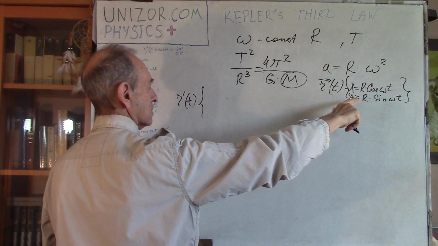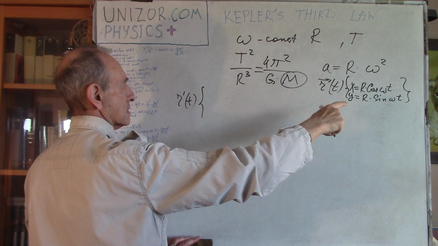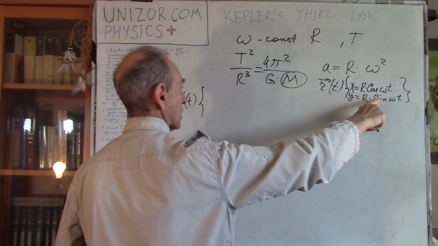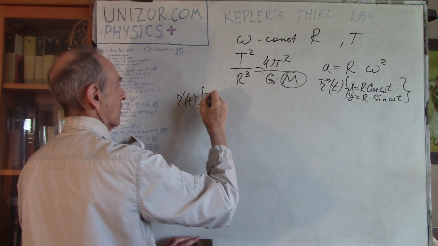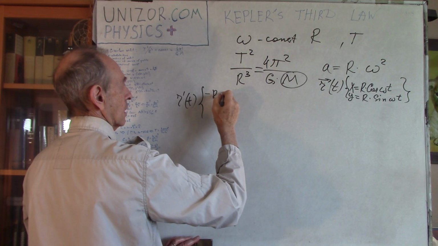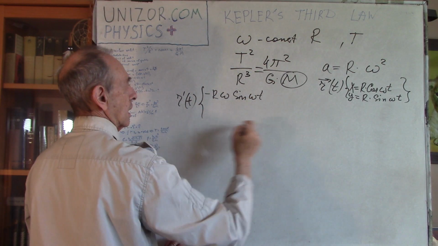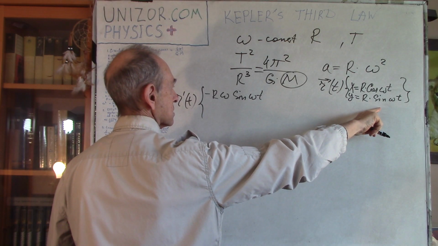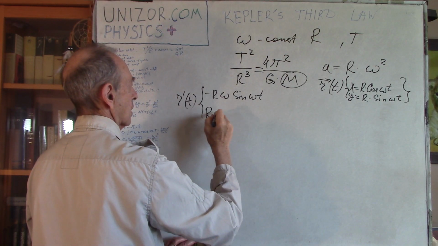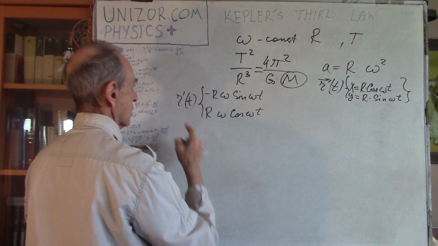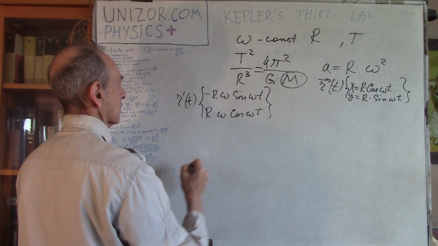The derivative of cosine is minus sine times the derivative of the inner function, which is omega t, which is omega. So it would be minus r omega sine omega t, and here the derivative of sine is cosine, so it would be r omega cosine omega t. So this is my vector of velocity.